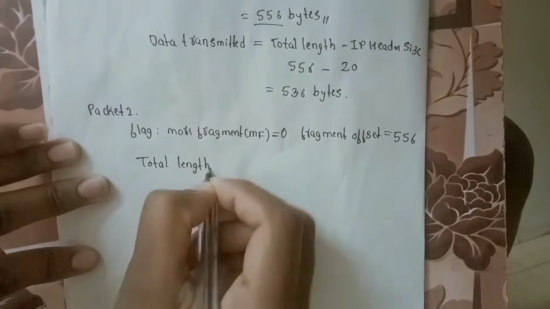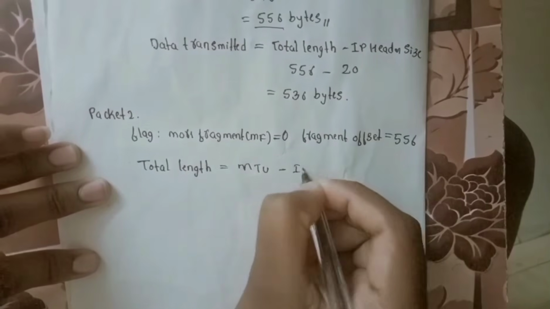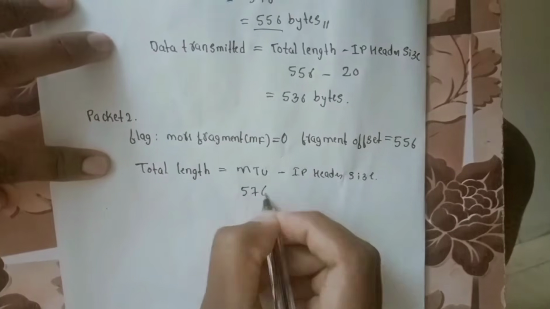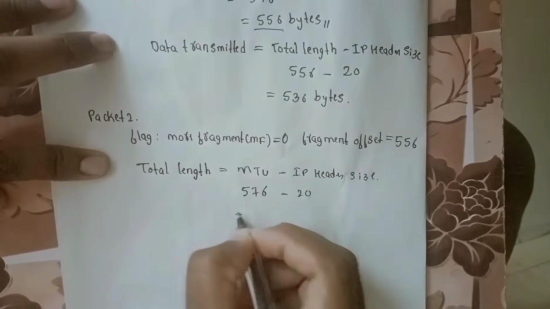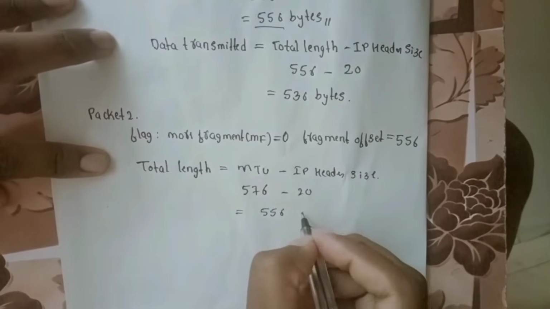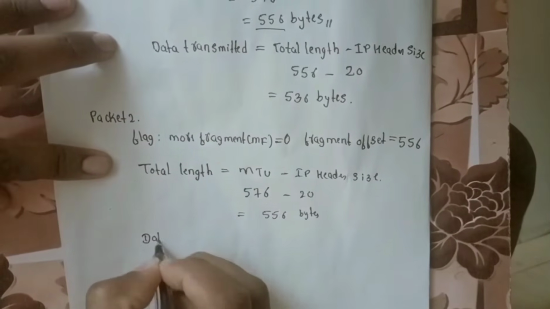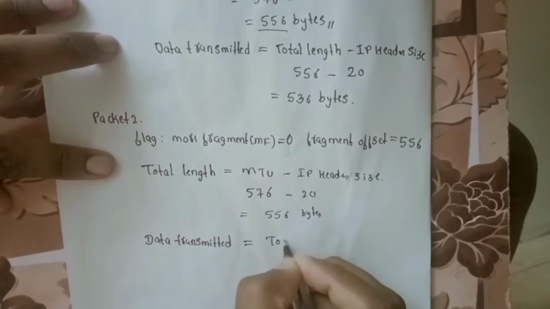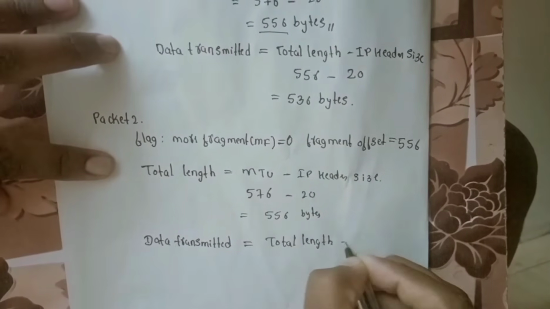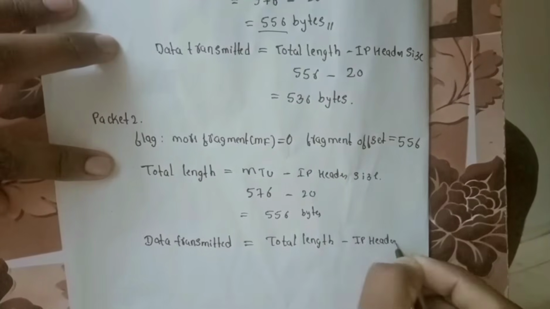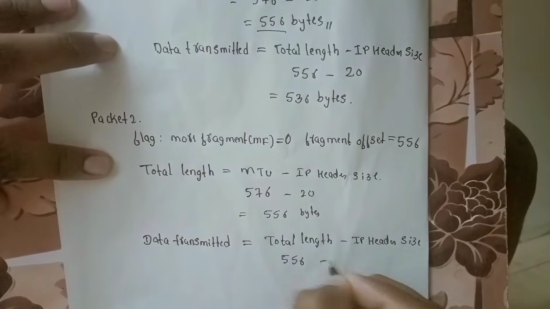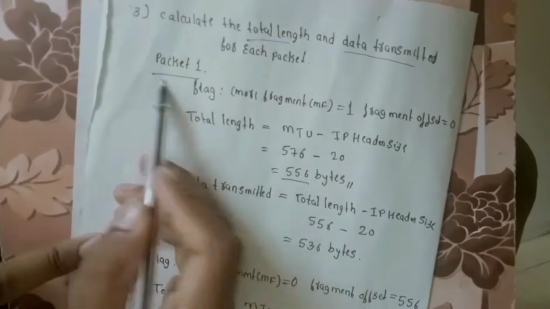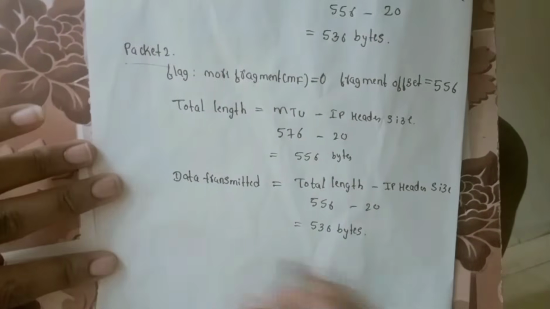Total length is equal to MTU minus IP header, which is 576 minus 20, equal to 556 bytes. Then data transmitted is equal to total length minus IP header size. Total length is 556 minus 20, that is 536 bytes. We have found packet 1 and packet 2.